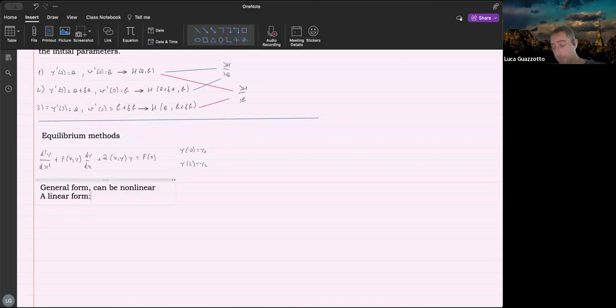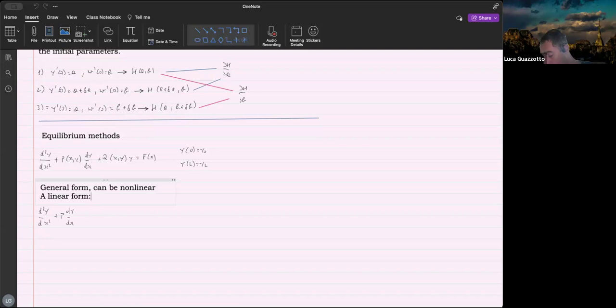But for this type of method, let's focus on the linear case where we have essentially the same expression, but I'm going to assume that it's not only linear, it has constant coefficients.